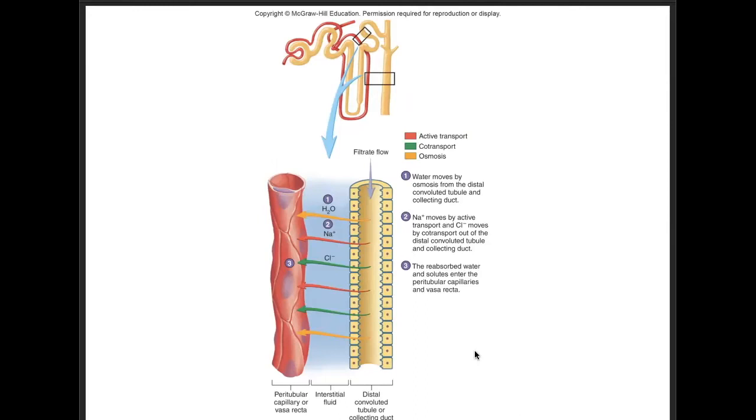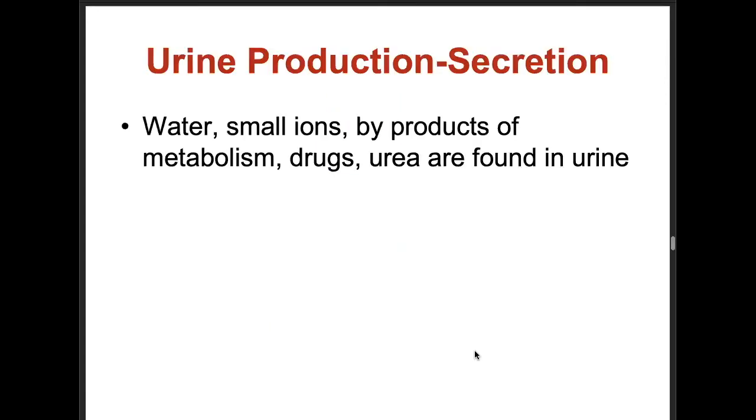Okay, so here on this part, the water moves by osmosis from the distal convoluted tubule going to your collecting ducts, while the sodium ions move by active transport and chloride moves by co-transport out of the distal convoluted tubule and collecting ducts. Now, they reabsorb water and solute enters the peritubular capillaries and your vasa recta.